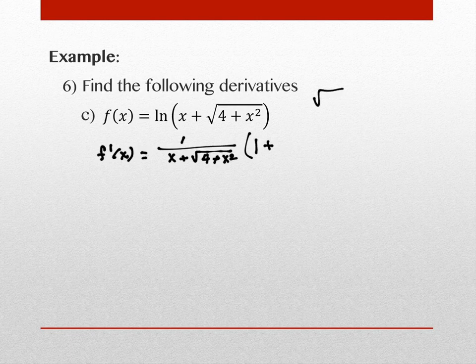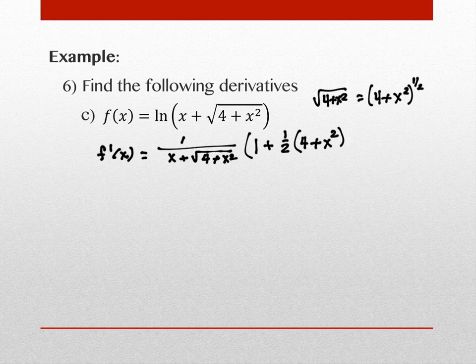It's the same thing as having 4 plus x squared to the 1/2. So we're going to bring the 1/2 down. We're going to rewrite the inside. And we're going to decrease the exponent by 1. 1/2 minus 1 would be negative 1/2. And then we do the derivative of the inside, 4 plus x squared, to give us 2x.